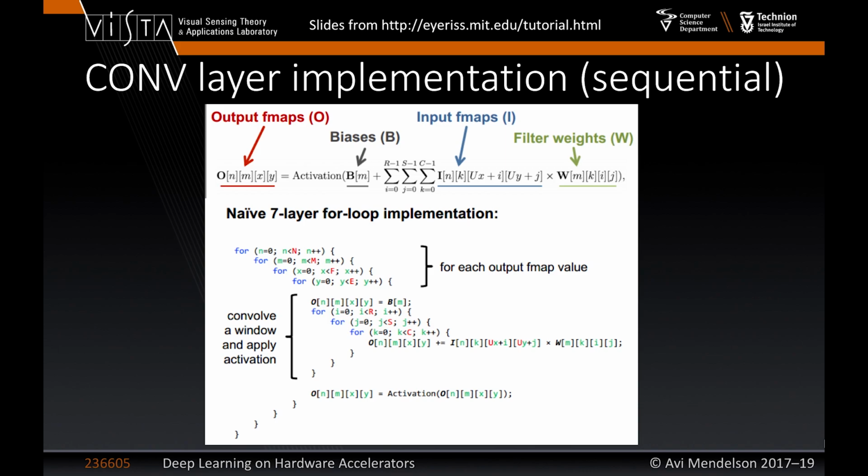Here is the image, and I take a window and do some operation on this part, and then I shift it by some stride, and now I have a new window, and I also multiply it by the same filter, and I do it for a lot of windows. Can we represent it as a matrix multiplication?